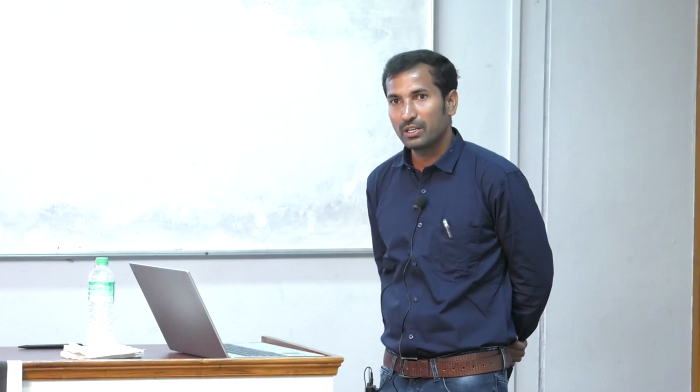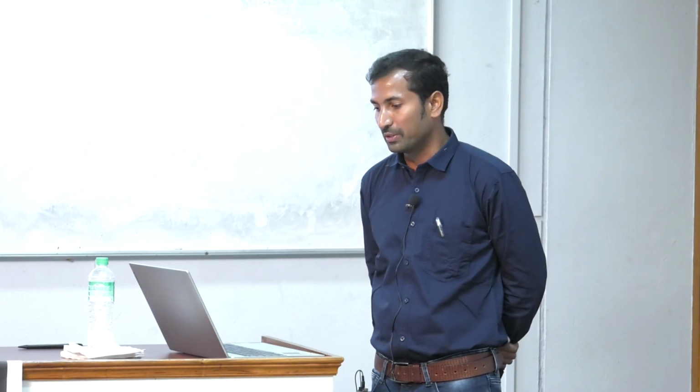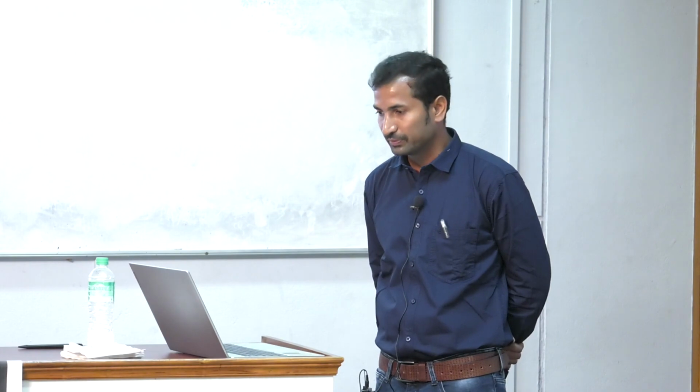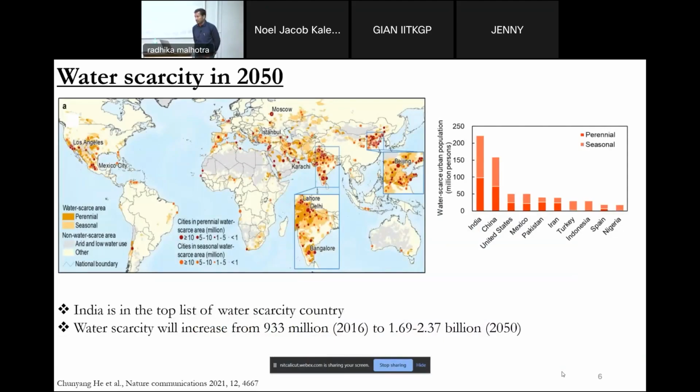And look at this. This is an estimated simulation work recently published as a review paper last year in Nature Communications, the water scarcity data in 2050. So look at this. Look at India, the water scarcity, urban population.